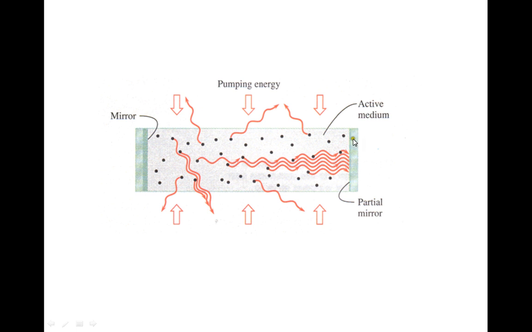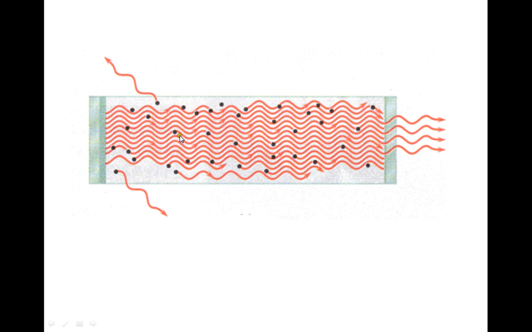Also, because of the presence of a partial mirror, these light photons will bounce off the partial mirror and come back, which eventually will lead to this picture, having the lights bouncing forward and back, causing more and more stimulated emission.